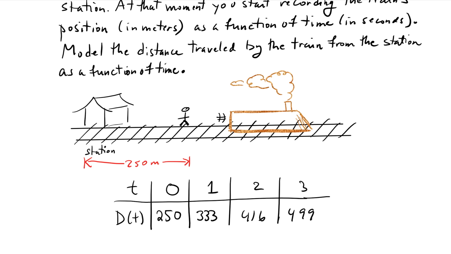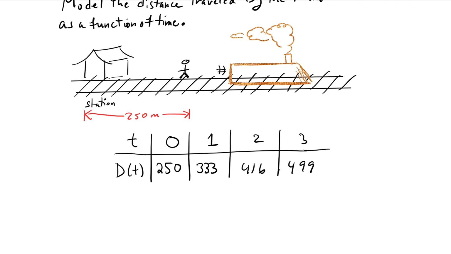And you want to model the distance as a function of time. So maybe you want to know by how much the distance increases in 1 second, and you realize it has gone up by 83 meters. Then you look at how much it's gone up between the first and the second, and it's still 83 meters. And here also 83 meters.